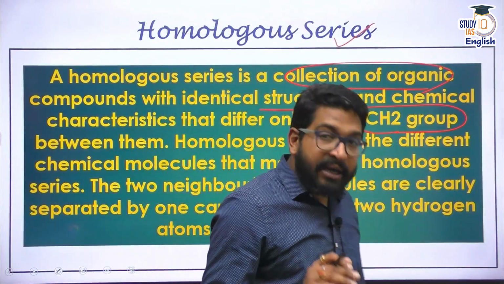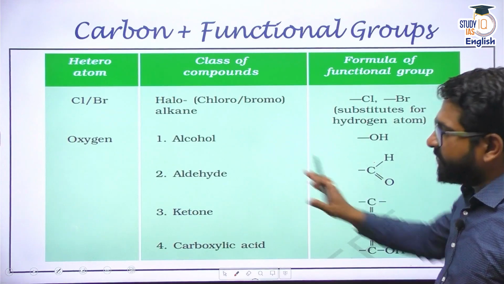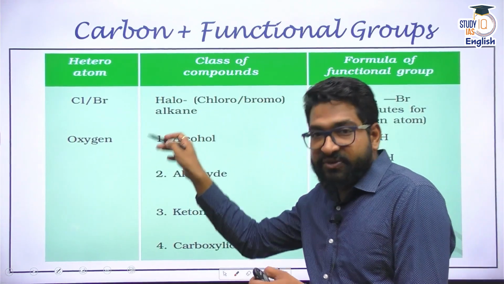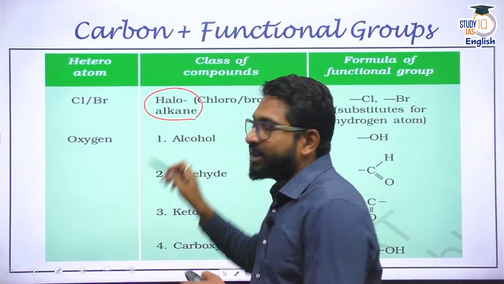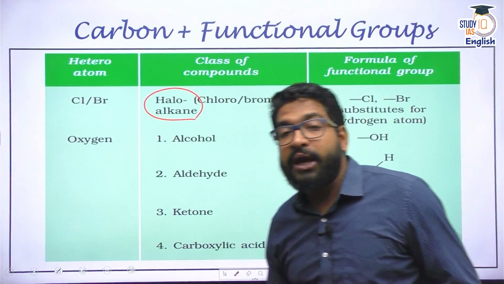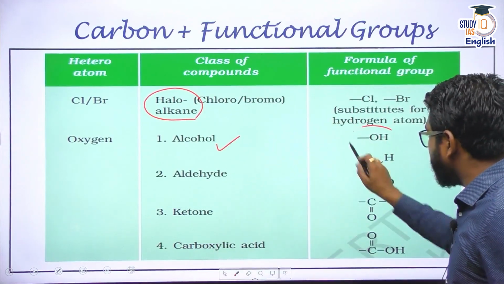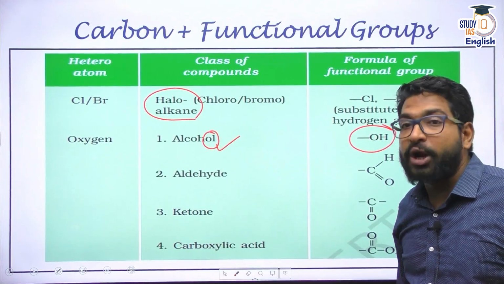Apart from that, depending on the functional group that we have, we give the name to hydrocarbons. If there is a functional group chlorine or bromine, that is called halo: haloalkane, haloalkene. If there is an alcohol group, that means OH group, we name it with the suffix "ol".